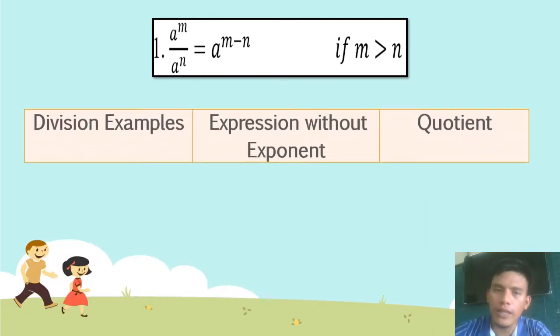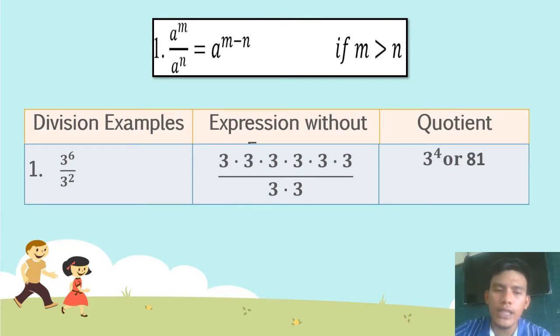For the first condition, m is greater than n. Okay, division examples, expression without exponent, quotient. 3 raised to 6 over 3 squared. So 3 raised to 6 without exponent is 3 times 3 times 3 times 3 times 3 times 3 over 3 squared, which is 3 times 3.